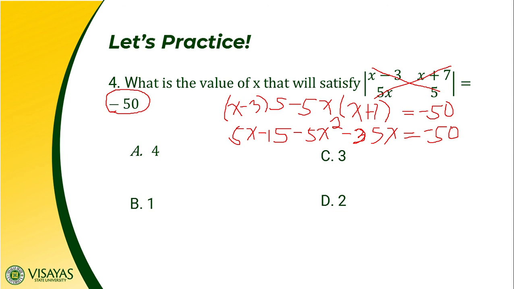Okay, next. So we combine the similar terms. We have 5x. We can combine this one to negative 35x. And negative 15, let us combine this one to negative 50. By transposing, so we transpose the negative 15 to the other side of the equation. And first, we will write negative 5x squared.